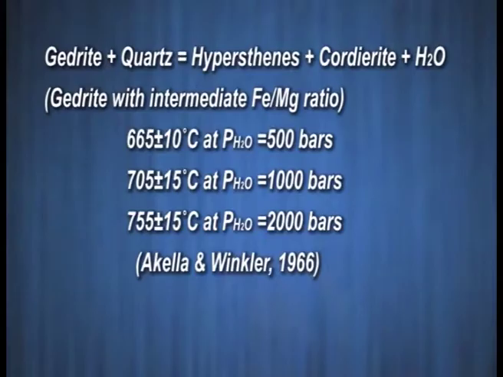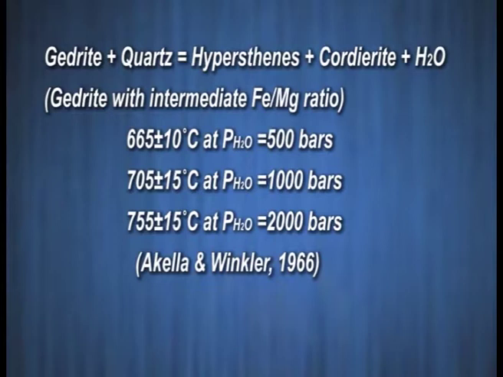The mineral reactions leading to the formation of orthopyroxene provide data characteristic of the beginning of this subfacies. The following reactions have been studied. Reaction 1: gedrite plus quartz give rise to hypersthene plus cordierite plus water, gedrite with intermediate Fe-Mg ratio.